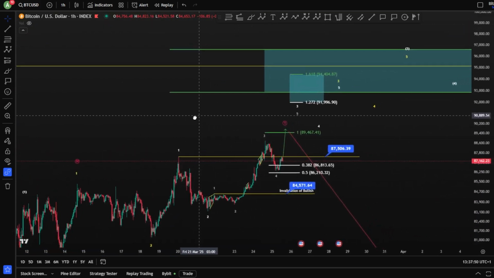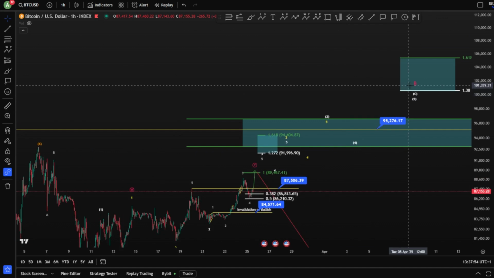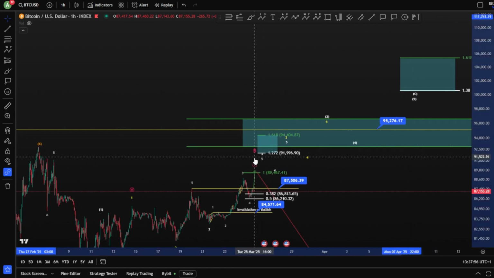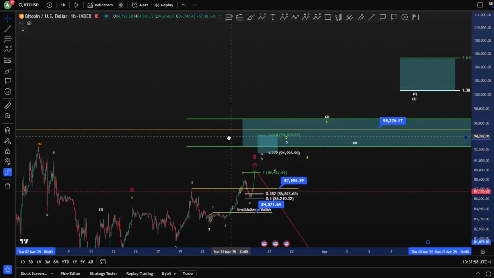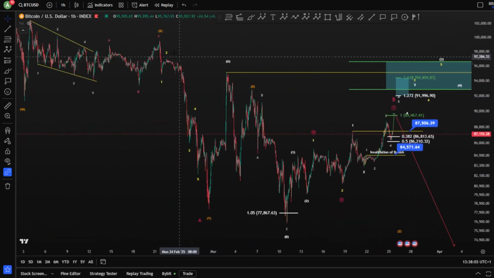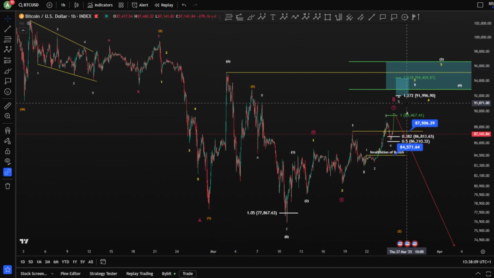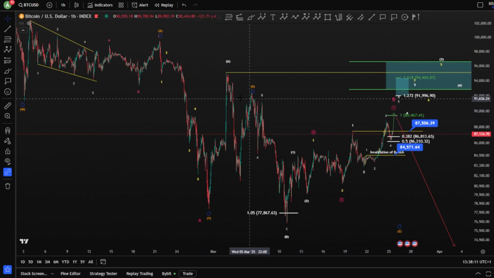Meaning this wave B that we are looking for to finish inside the 1.618 as an expanding flat can be finished as a truncated flat here, with 3 waves up, W, X, and a Y. Truncated means it would not reach the high.